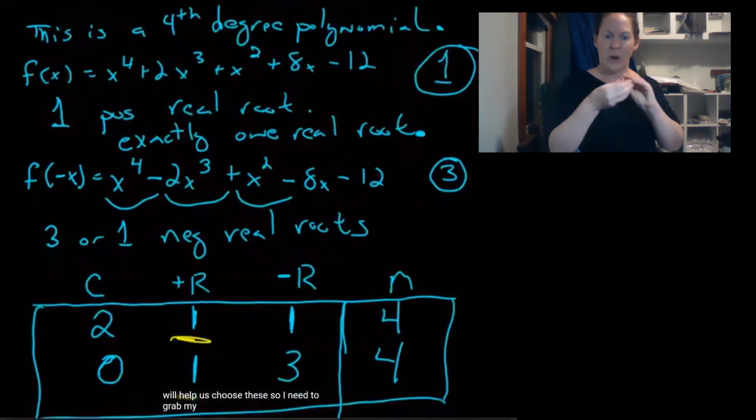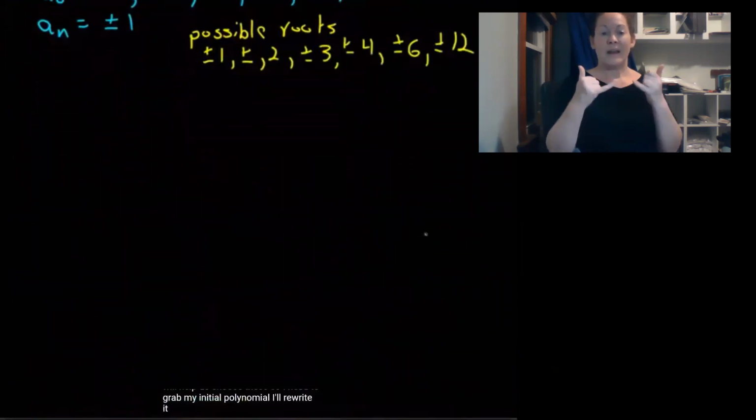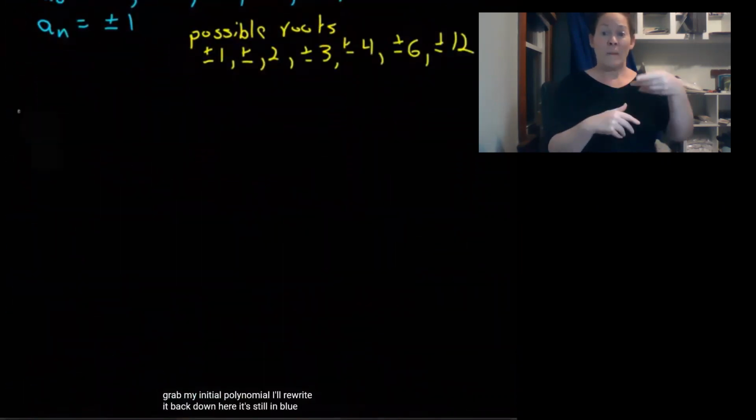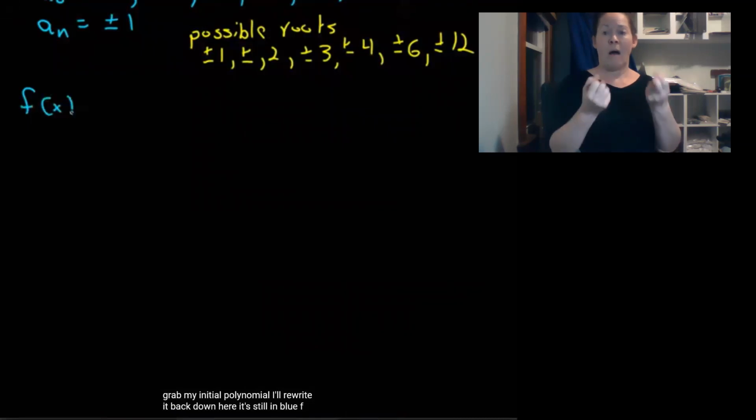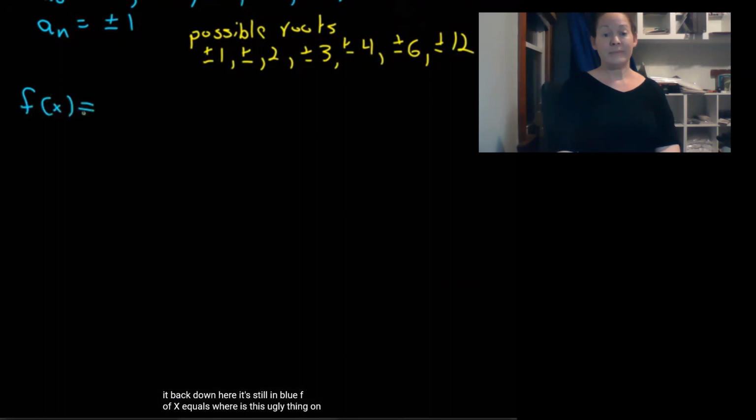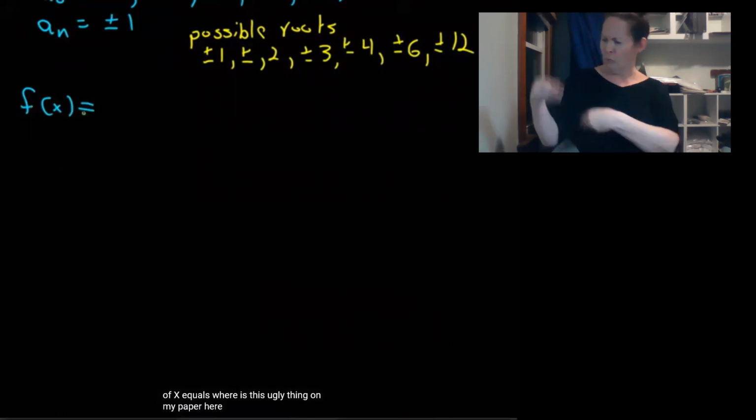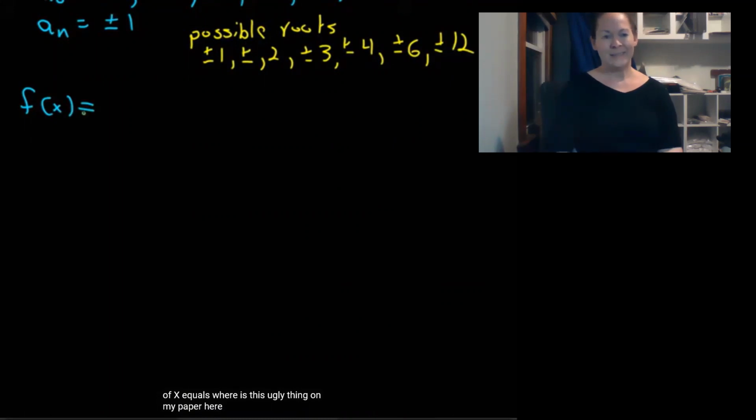So I need to grab my initial polynomial. I'll rewrite it back down here, still in blue. F of x equals, where is this ugly thing on my paper here? Flip a page over, flip a page back. Where did it go? Ah, there it is.